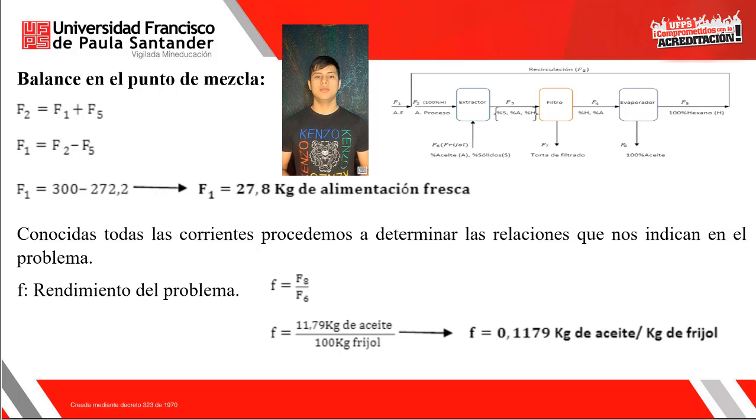For the problem's yield, we solve the yield, which is F8 over F6 seeds. When replacing the data, we have as a result 0.1201179 kilograms of oil over kilograms of beans.